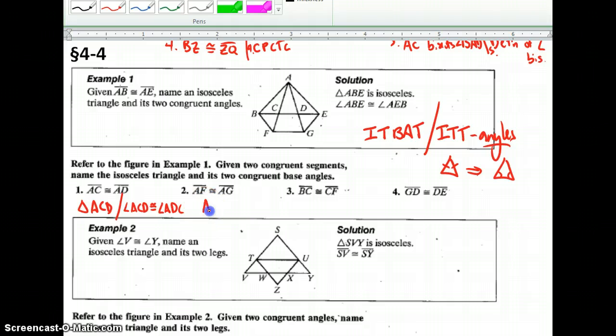It looks like AFG is our isosceles triangle with the angle at F. Angle AFG is congruent to angle AGF. See how that always works? You just rearrange letters in the triangle, where the vertex is always going to be first, then a base angle and then the other base angle, and switch them around.